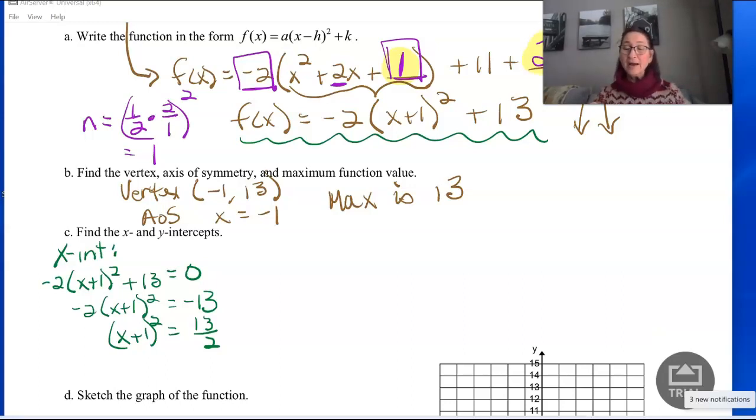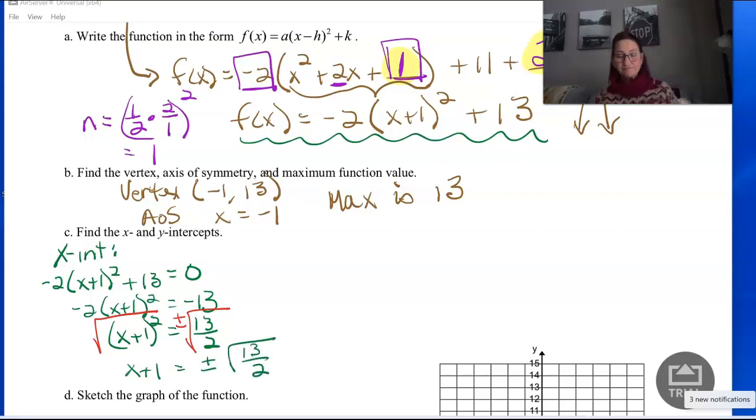Now, I want to go ahead and take the square root of both sides, looking for both the positive and the negative roots. So that's going to leave me with x plus 1 equals plus or minus the square root of 13 halves. Subtract 1 from both sides. And so that's going to give me x equals, I'm going to have two x-intercepts.